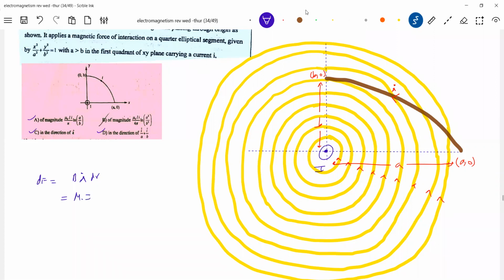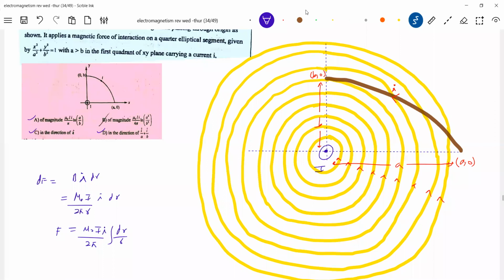B is equal to mu naught I by 2 pi r. Okay, this is I, this is dr. So mu naught I by 2 pi, this is dr by r. Now what should be the effective length? I think I discussed one problem in the regular class, it was based on this idea only.